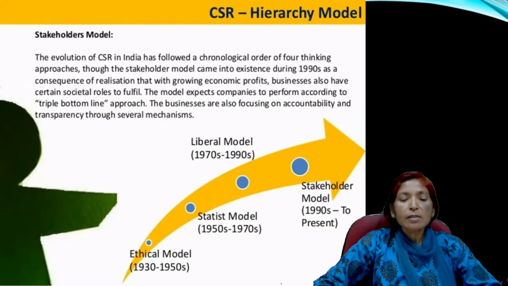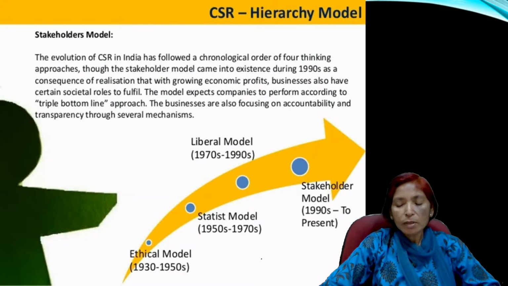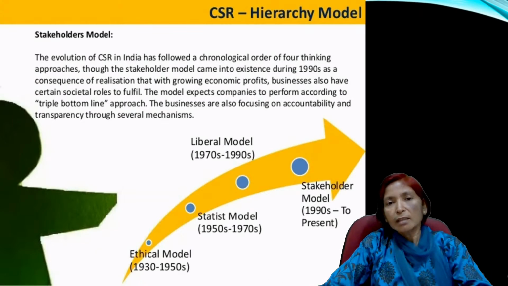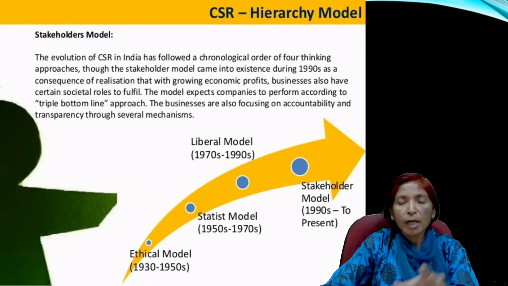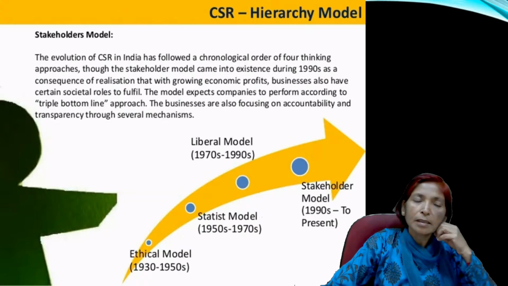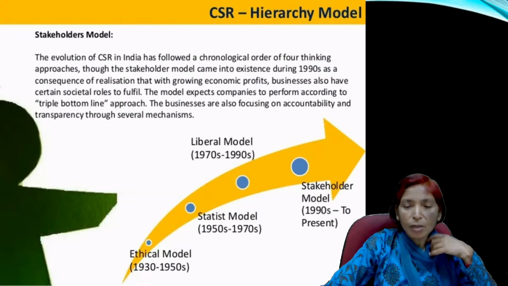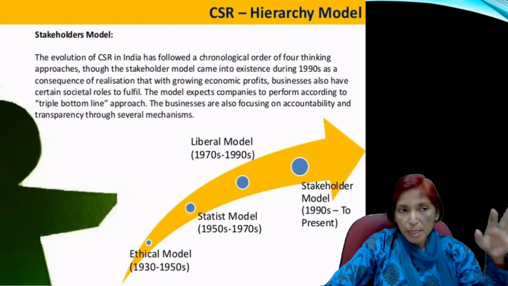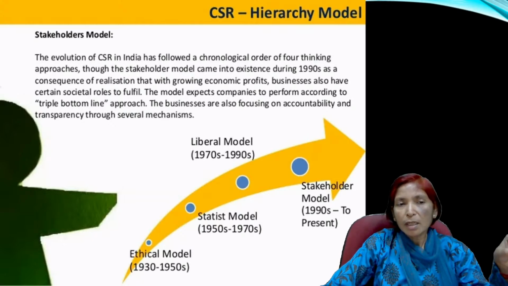In this, the first model is the ethical model, the second is the statist model, the third is the liberal model, and the fourth is the stakeholder model. This is how the concept came into line, and the stakeholder model is what is going on at present, because its time period is 1990s onwards.